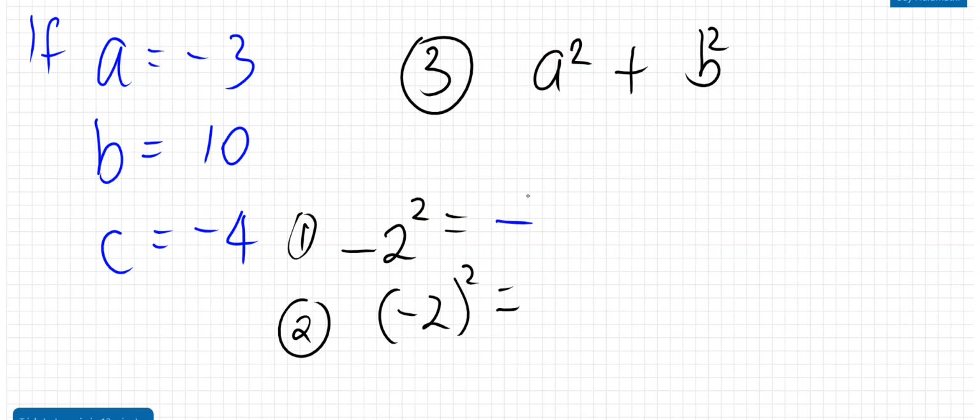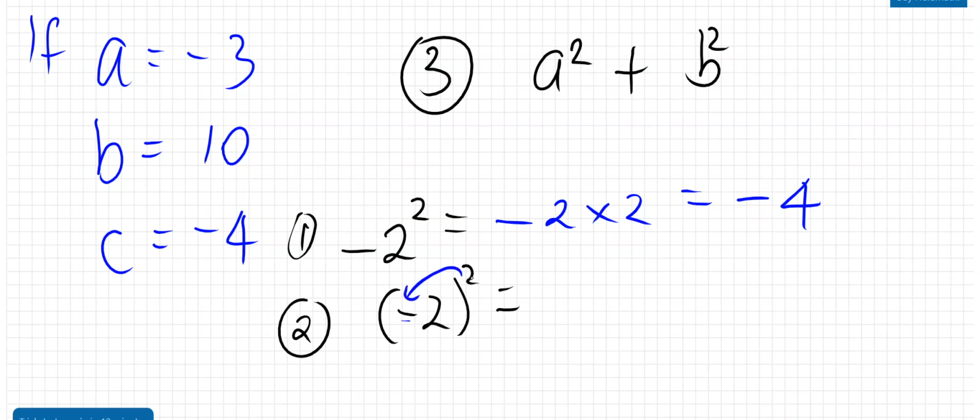And then I've got 2 squared, which is 2 times 2. And I can see I've still got 1 negative. 1 negative means the whole thing's a negative. And 2 times 2 is 4. Okay? So we've got a -4 for this one. Whereas number 2, even though it looks similar, these brackets make a big difference. We can see that negative is also now being squared. It's in the brackets.